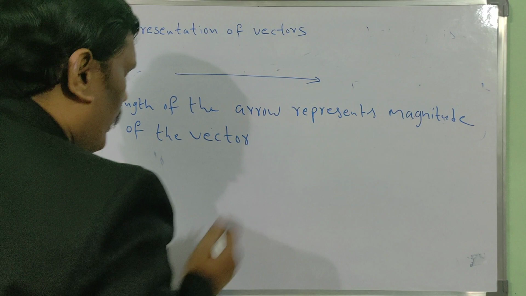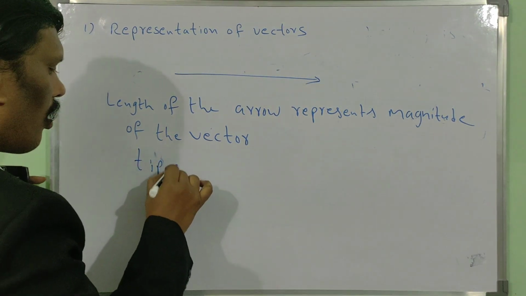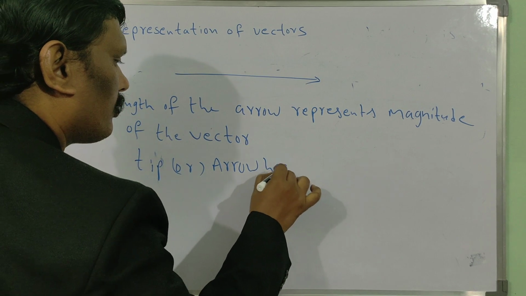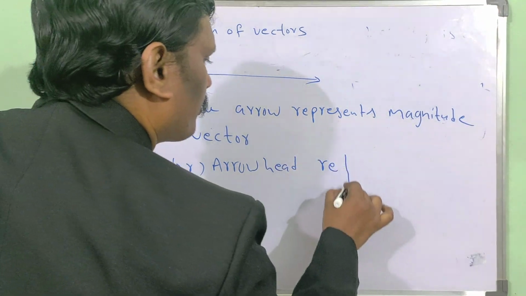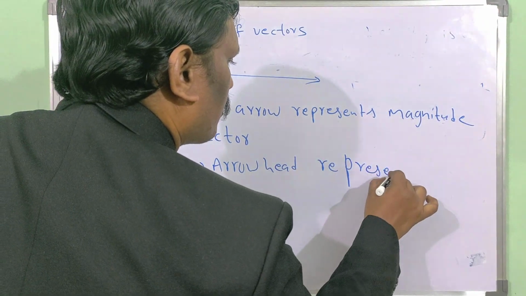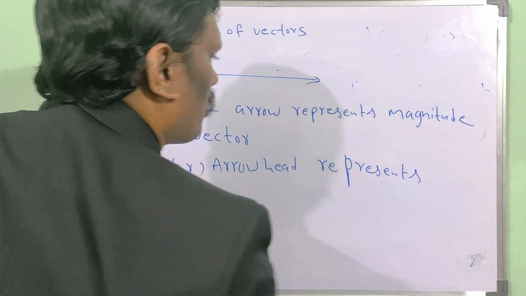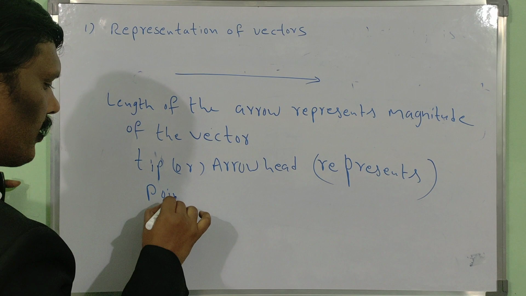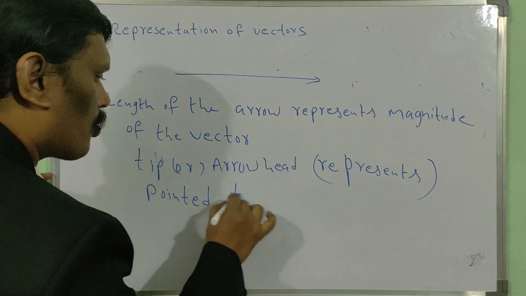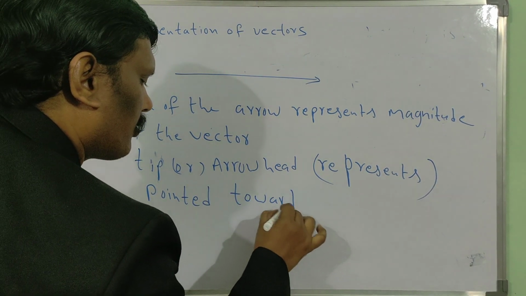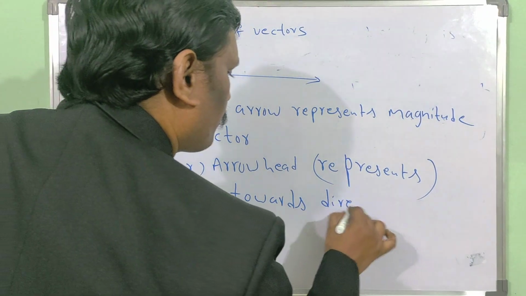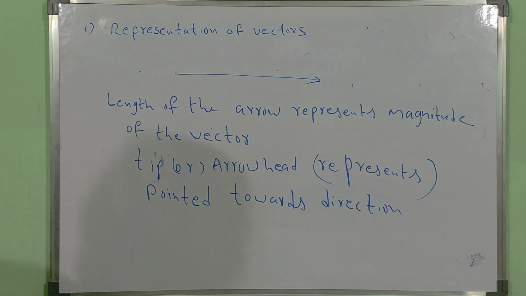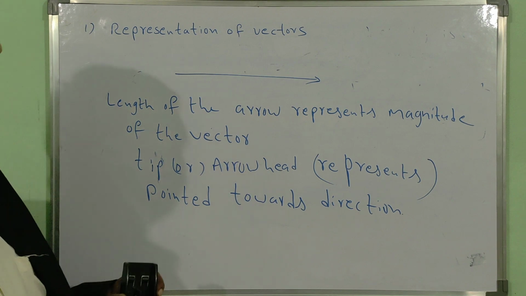The tip or arrowhead represents, or is pointed towards, the direction. Tip or arrowhead pointed towards the direction.